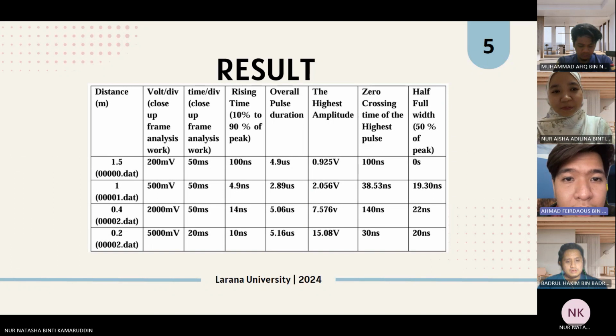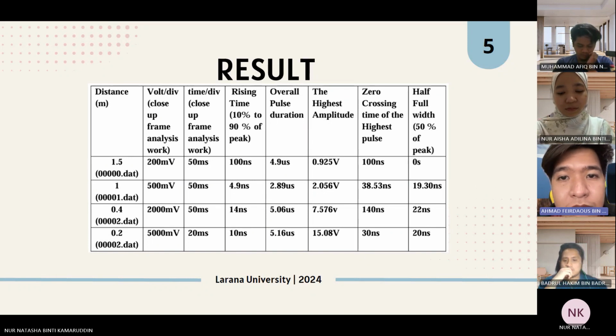Firstly, we find the rising time for each of the data, and also the overall pulse duration, the highest amplitude, the zero crossing time of the highest pulse, and the half full width, which is 50% of the peak voltage that the ignition coil produces.